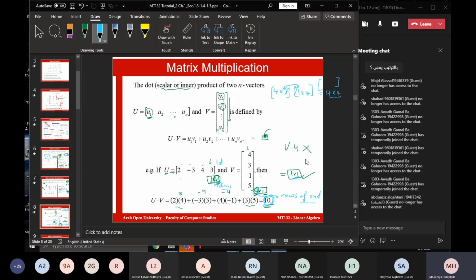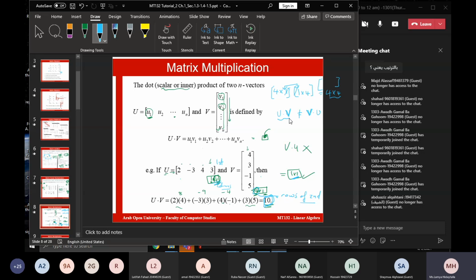So U times V is different than V times U. They are different. So does U times V equal V times U? Not necessarily. Sometimes, in simple cases, it may, but it's not always true.